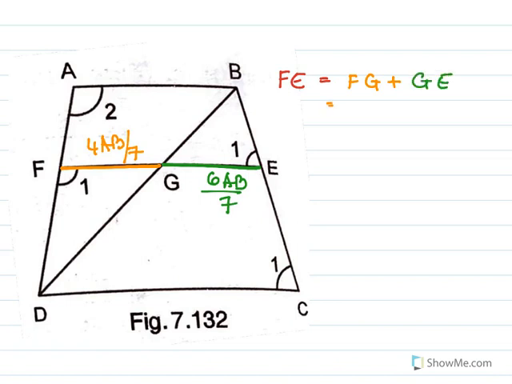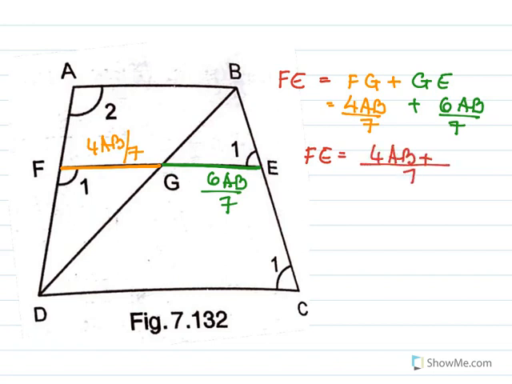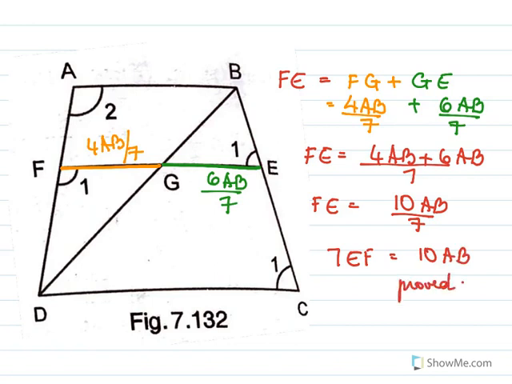We'll put the values here. 4 AB over 7 plus 6 AB over 7. So FE equal to, LCM is 7, 4AB plus 6AB. So FE equal to 10AB over 7. So cross multiply, 7EF equal to 10AB. We have proved.